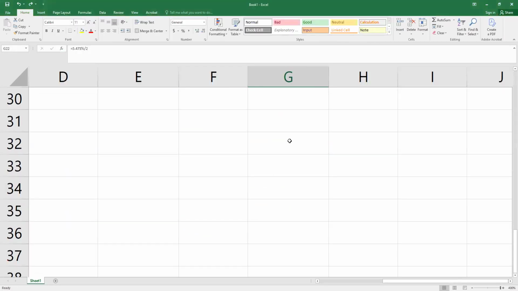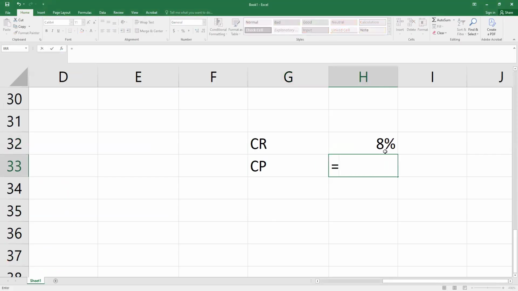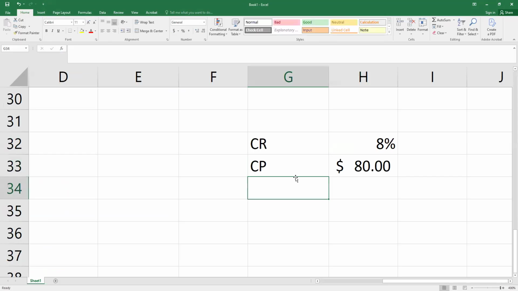So here, what we're going to do: the coupon rate again is 8%. The coupon payment is basically 8% of $1,000 of the face value. And YTM is 10%.